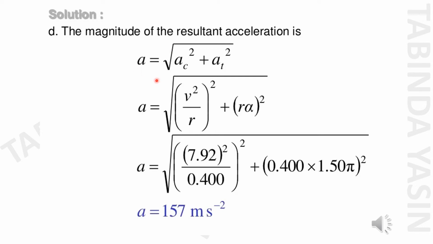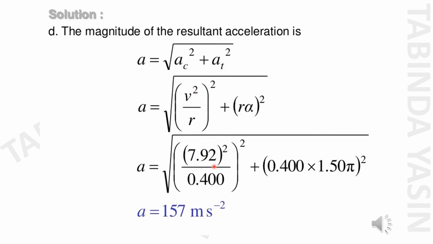The magnitude of the resultant acceleration is a is equal to under root ac square plus at square, so a is equal to under root of (v square over r) whole square plus (r alpha) whole square. We substituted the value of ac, that is v square over r, and at, that is r alpha.